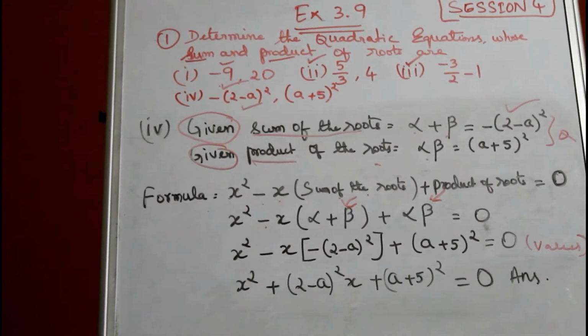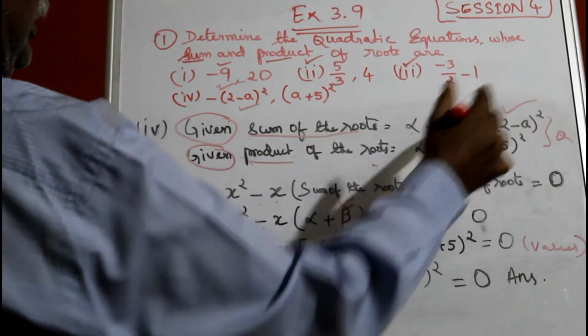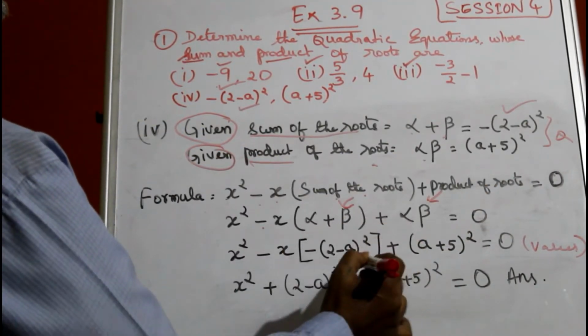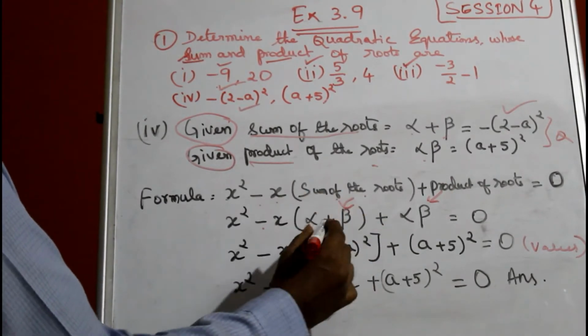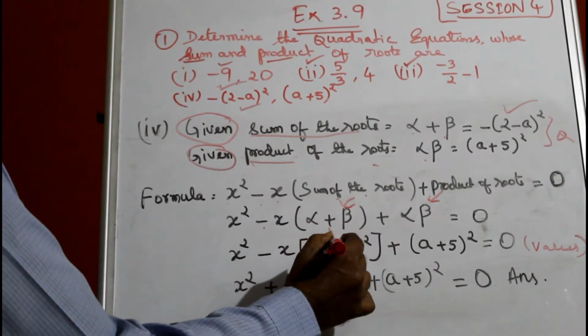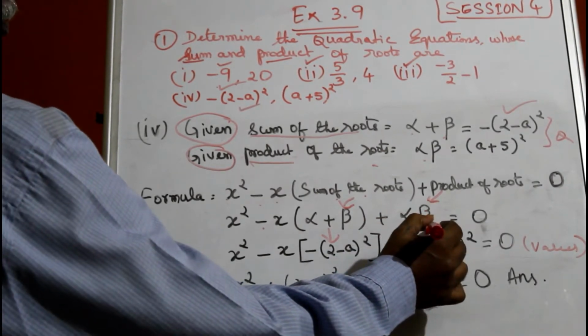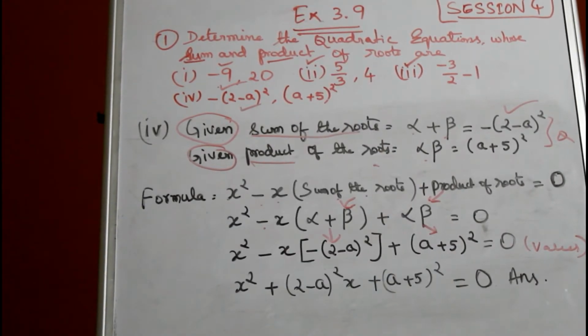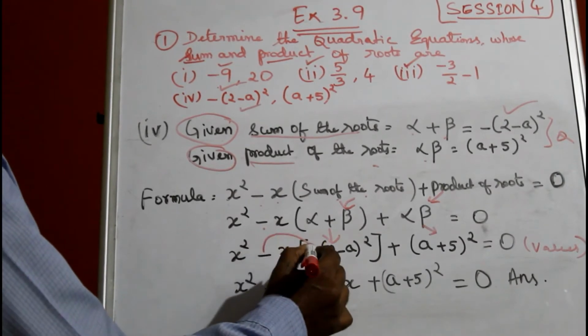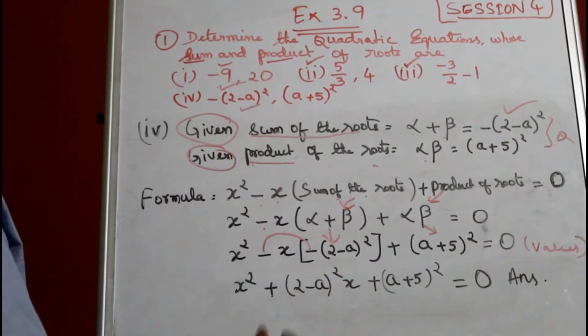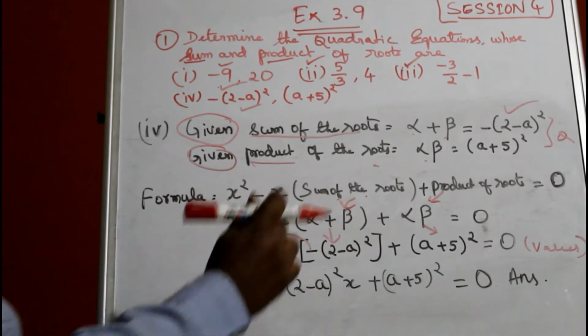Again I repeat, since there is a minus outside, you put a square bracket and write this, which is called alpha plus beta. And this is called alpha beta. Now look here, minus into minus is called plus, and write this first and write the x next.